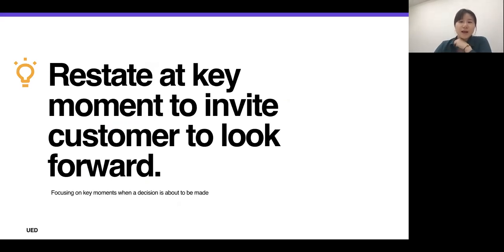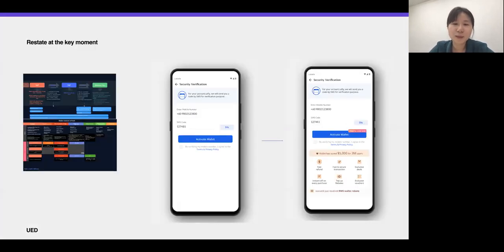Okay, and then introducing a different trick, speaking of the value we've explored: restate it at key moments to invite customers to look forward. The reason I'm talking about this one is that Lazada has the Lazada wallet, right?